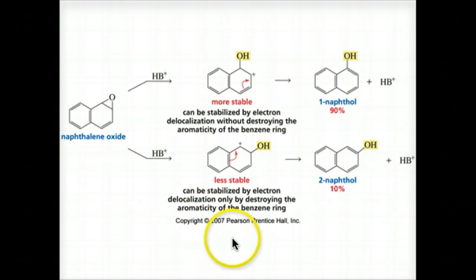However, the positive charge on the carbocation leading to 2-naphthol can be stabilized by electron delocalization only if the aromaticity of the benzene ring is destroyed. Therefore, rearrangement leads mostly to 1-naphthol. This is favored over this one, which is less favored, as you can see illustrated in the slide.